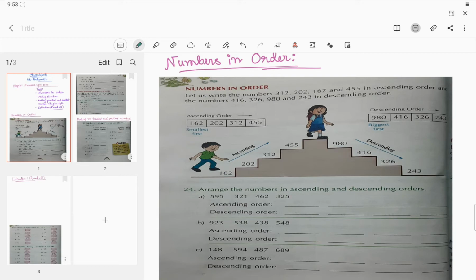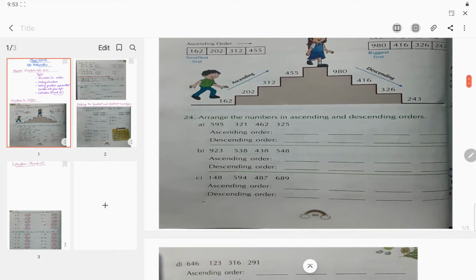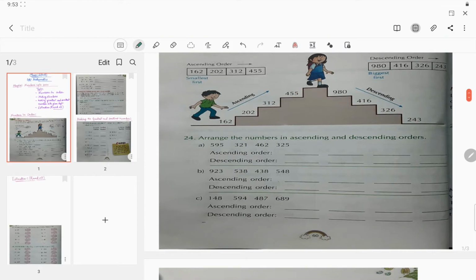Okay, so I will solve question 24. Arrange the numbers in ascending and descending orders. Ascending order means, I told you, smallest to greatest. So now you have to find out which one is the smallest one. 321.